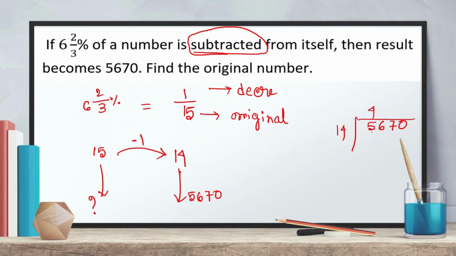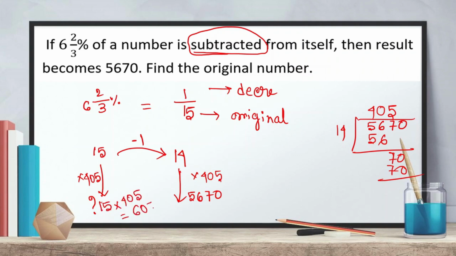So 14 fours are 56, and it is 0, and 14 fours are 56 again. So it is 405 times. So the original value would be also 405 times. So 405 times 15. 15 multiplied by 405 will be 6075. This is the answer.